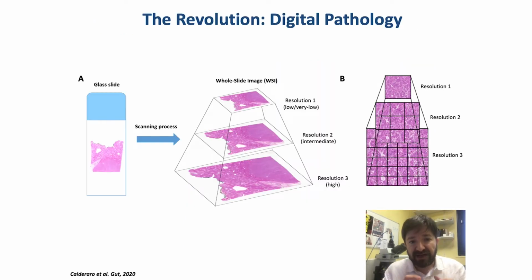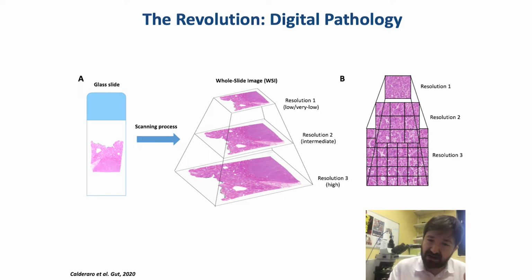This is likely to change in the coming years, because since approximately 1 or 2 decades, there have been some devices that allow us to scan this conventional glass slide into a digital file. That means that we don't need a microscope anymore. We have a file in a particular format, and on a computer, on our screen, we can review the slides.